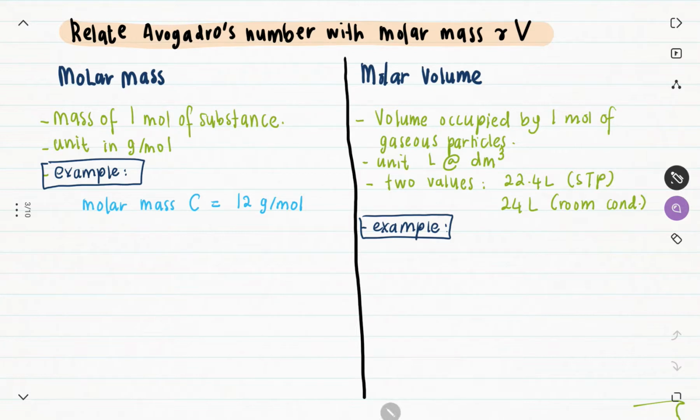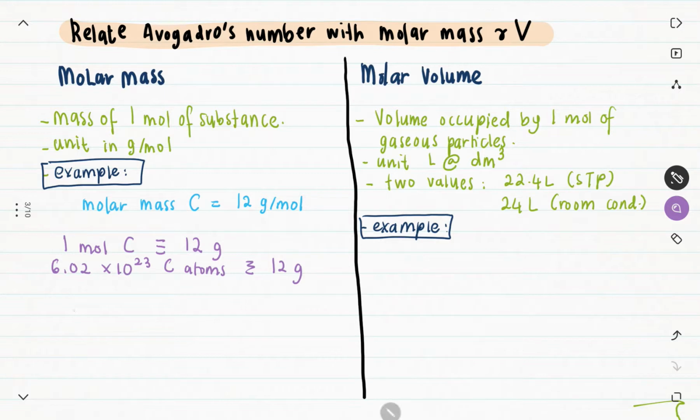This means that 1 mole of carbon will have mass 12 gram, which means that 6.02 times 10 to the power of 23 carbon atoms will give you mass of 12 gram. That is molar mass.